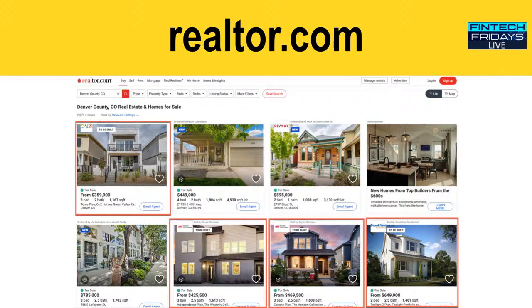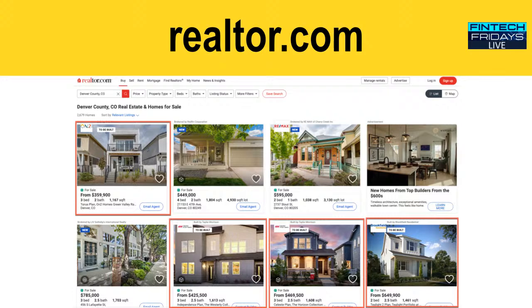I did not expect that. I typed in the county and the price range because I was trying to find homes in that first time buyer price range. And these homes are going from $359,900 to $649,900. That's right in my first time home buyer price range for all of those counties.